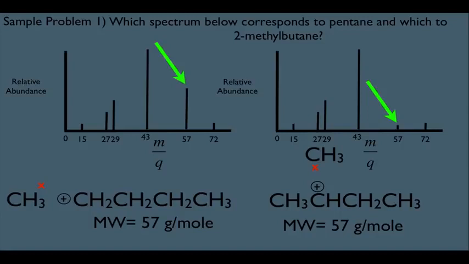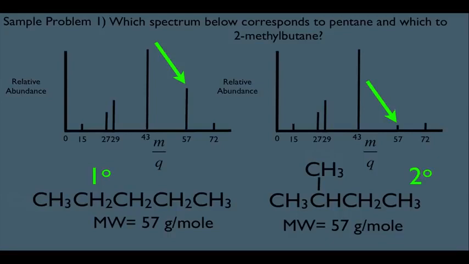Notice if we broke this bond, we would get a secondary carbocation. For pentane, when we do this type of fragmentation, we end up getting a primary carbocation. Notice if you investigated this pentane molecule further, no matter how you cut up these bonds, you're always going to get some kind of primary carbocation. You could never get a secondary carbocation. However, with 2-methylbutane, we just saw it's possible to lose a methyl and get a secondary carbocation.